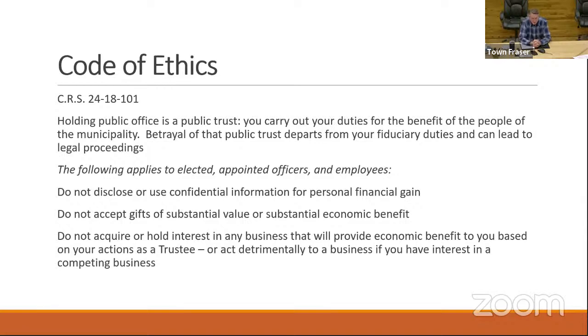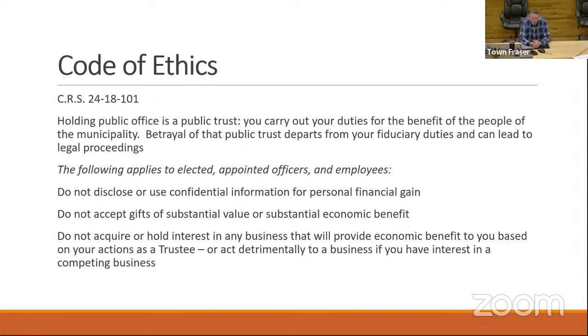So some of the fundamentals of the Code of Ethics is do not disclose or use confidential information for personal gain or for gain for family members. Do not accept gifts of substantial value or that have a substantial economic benefit to you.